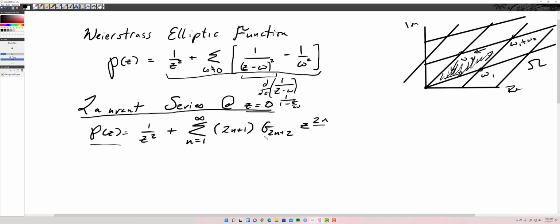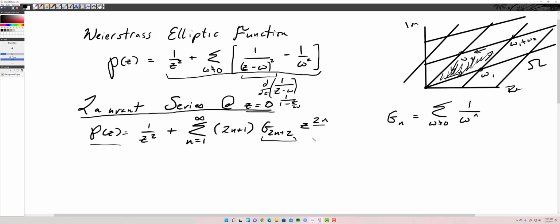And then g here, these are Eisenstein series. So they look like this. These are the series that Eisenstein investigated in the 1800s, that he found some interesting algebraic relationships between. So here you go. Here's our Laurent series.